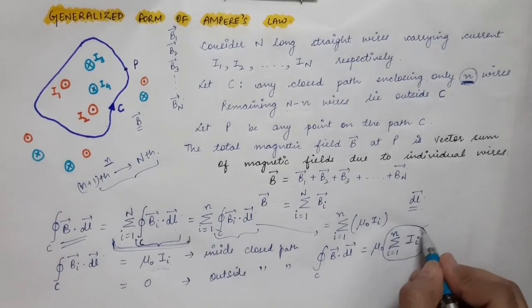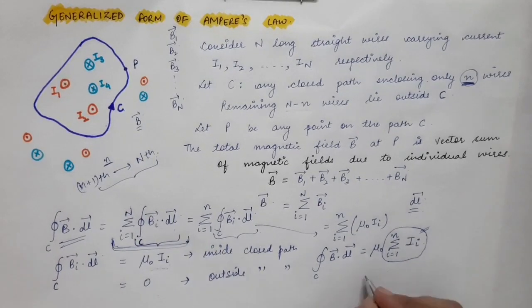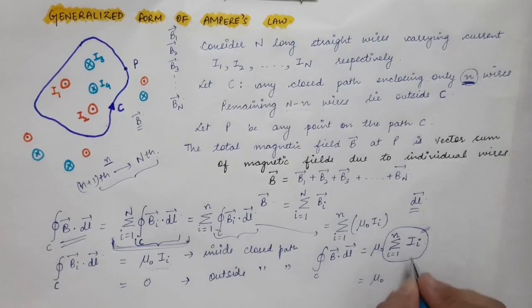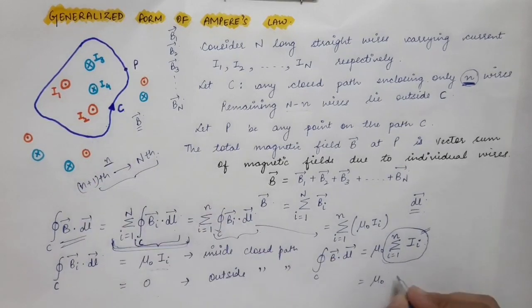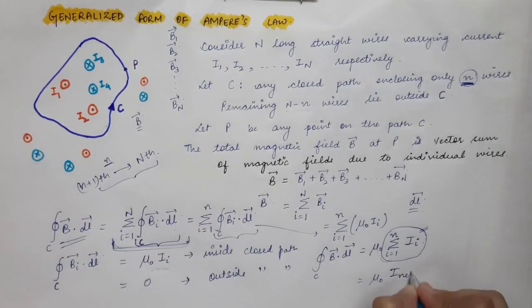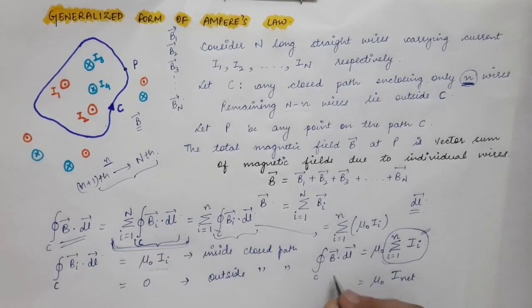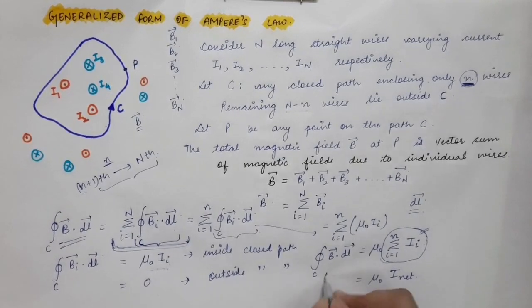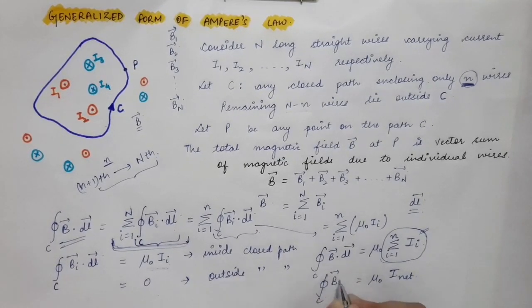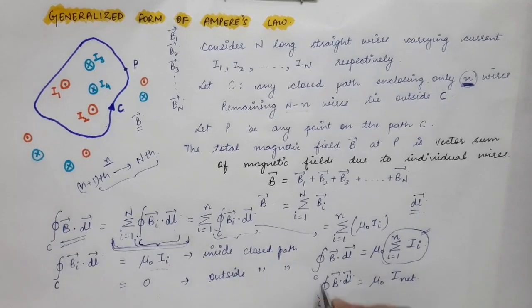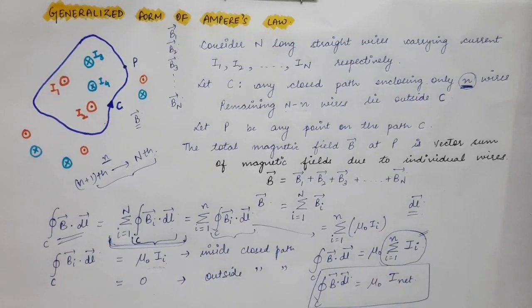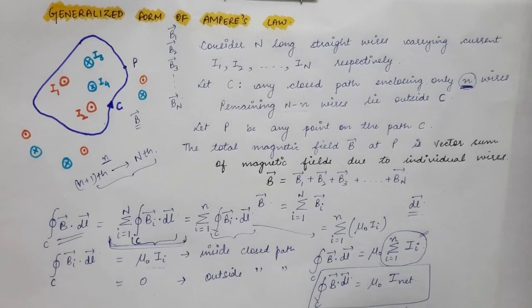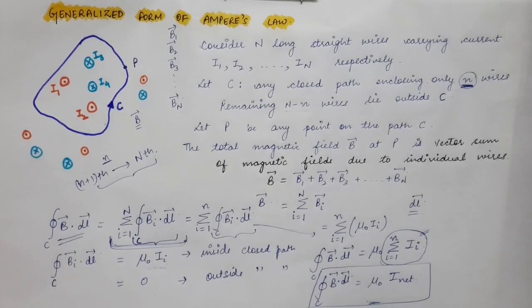So this can be written as mu naught as it is, and this algebraic sum of all the currents present inside the closed path can be written as I net. So this is the net current, and the left hand side will remain as it is. This equation is the generalized form of Ampere's law in free space.